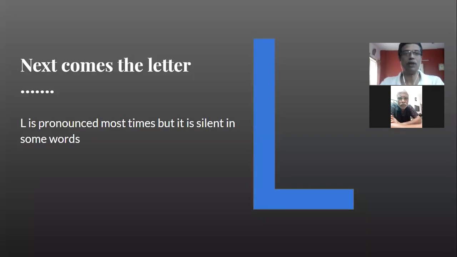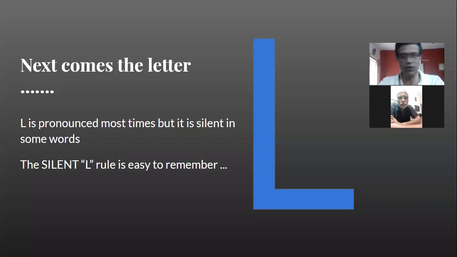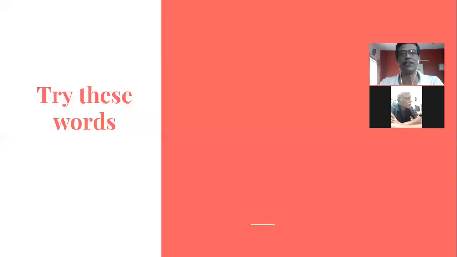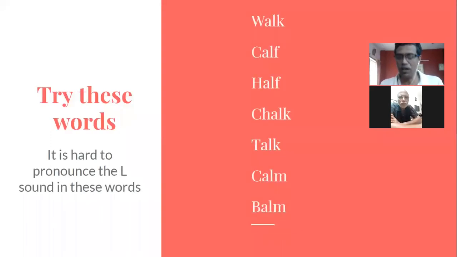The next letter that comes up is L. Now L is pronounced most times, but it is silent in just some words. The L rule is very easy to remember. Let's try some words. Walk, calf, half, chalk, talk, calm, palm.